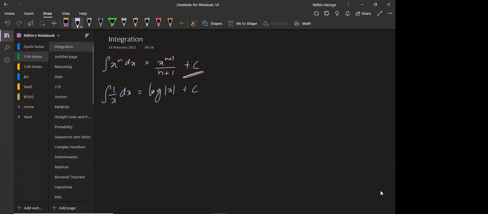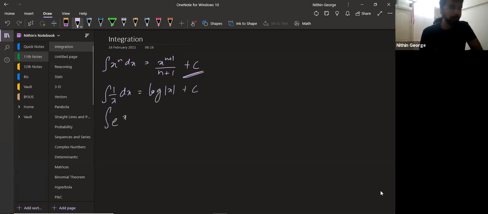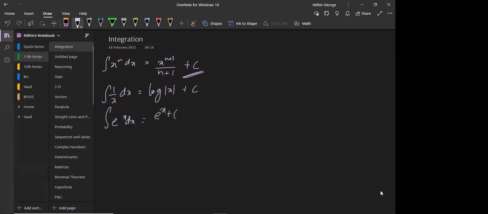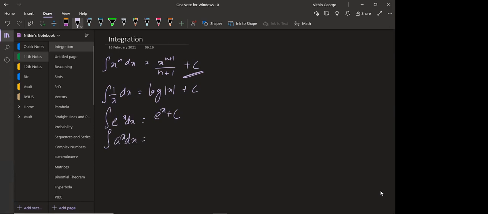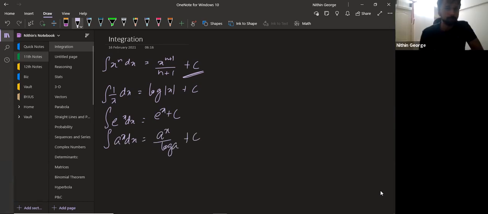Very nice. e power x dx: e power x plus c. Okay. a power x dx: a power x by log a plus c. Nice.